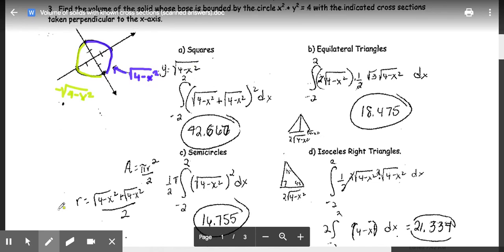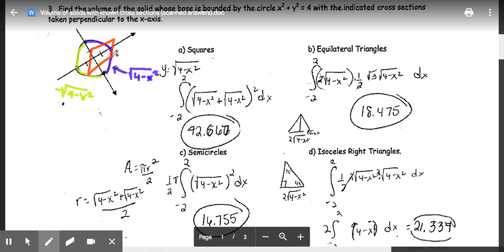So a square cross section. All right, let me make a picture. The base goes from top curve to bottom curve. And the square is three-dimensionally coming out of the page, sticking out towards you. So this is the base, and this right here is the height.